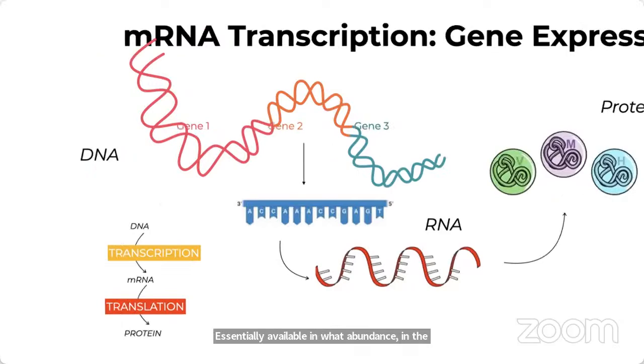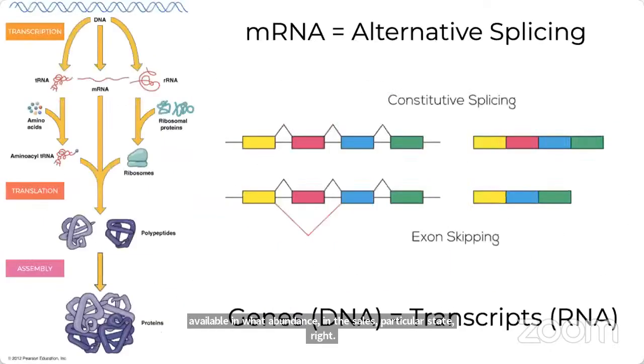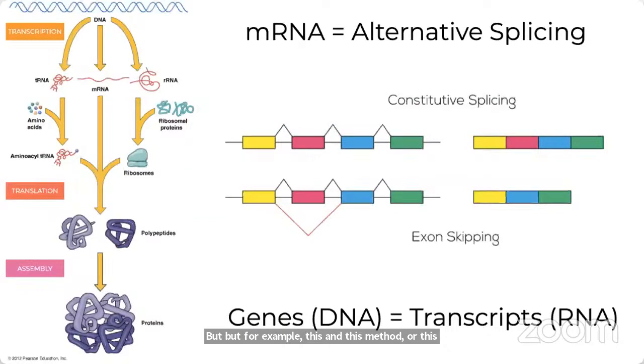Right? But for example, this transcriptomics data analysis will also give additional information than just giving you quantification of genes and their expression levels. For example, the protein coding genes in the genomic DNA that we already know may contain large stretches of non-coding sequences that are called introns, right?